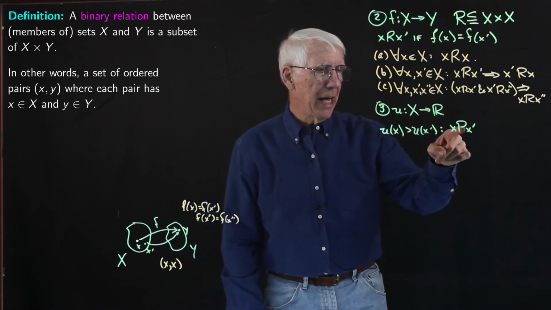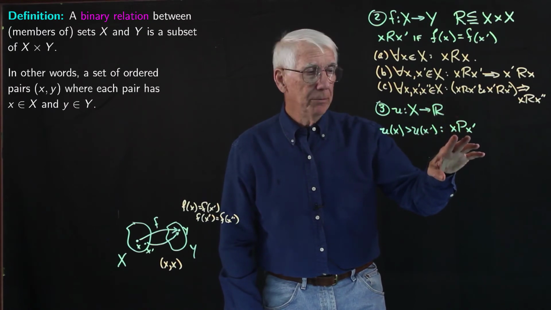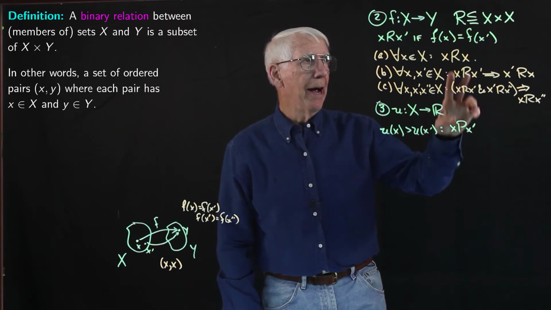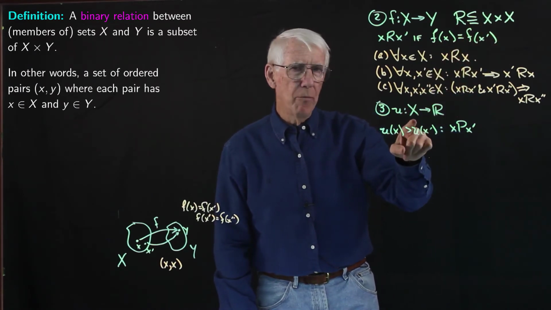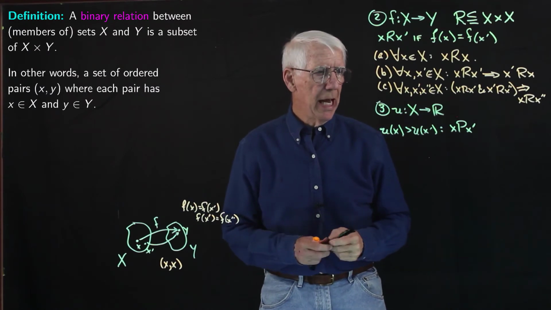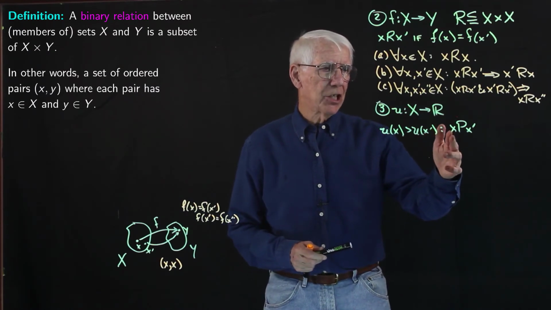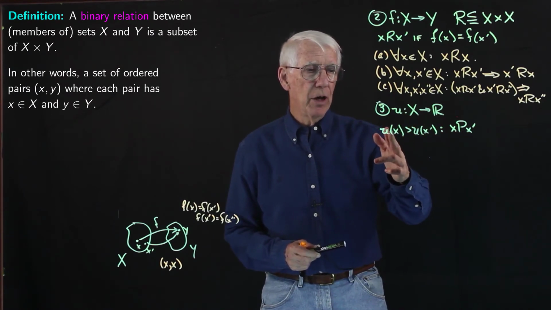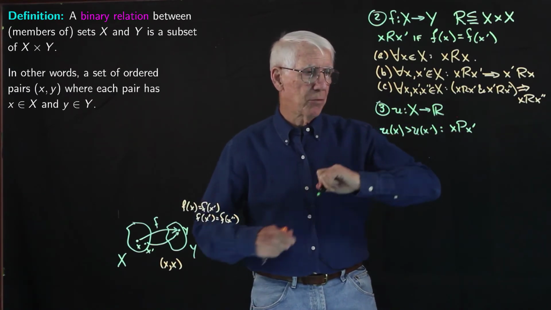So this is a binary relation. The x and x prime are both members of the domain, the set of alternatives the individual is going to choose from amongst, and we would just say x is preferred to x prime, and that's our interpretation of u of x being bigger than u of x prime.